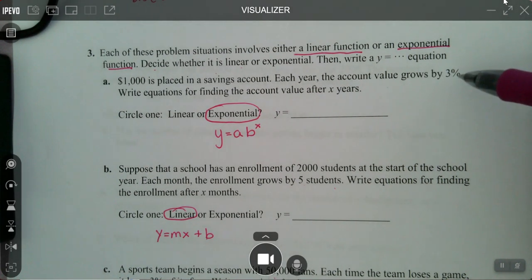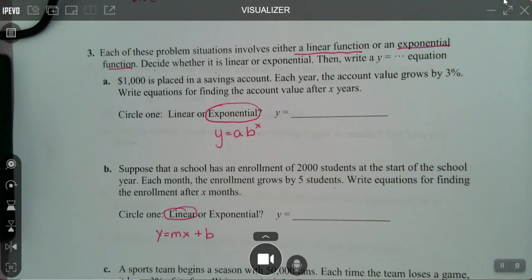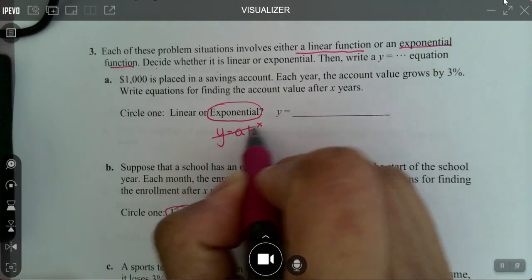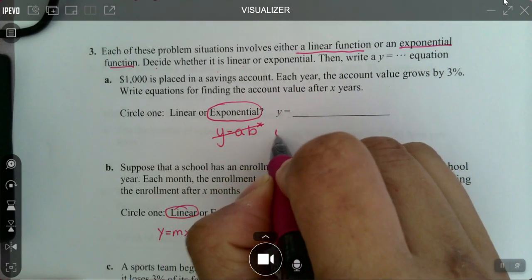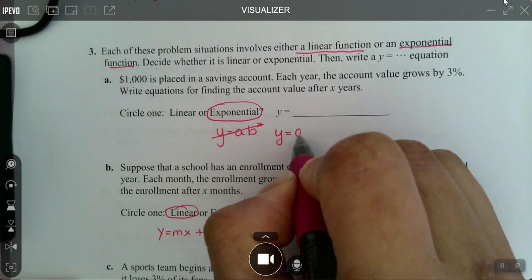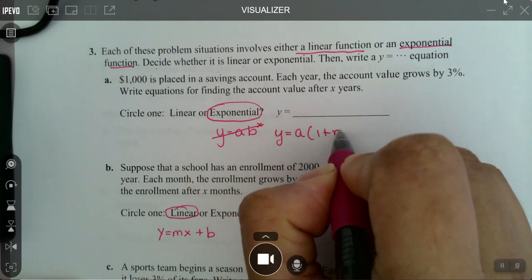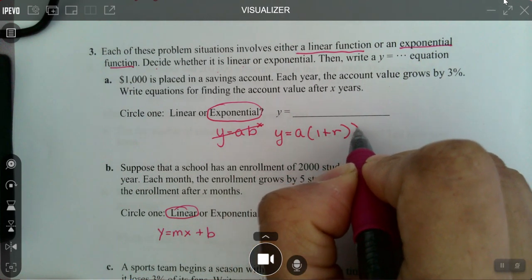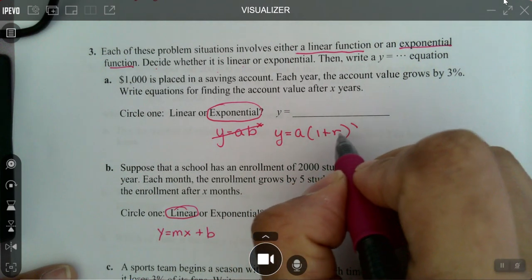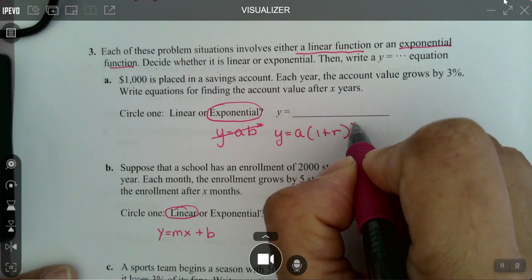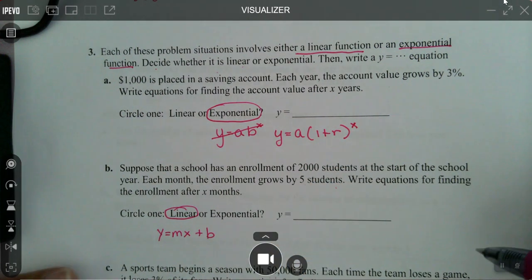It grows by 3% is what type of exponential function? So we're going to use the more expanded one. Clear?